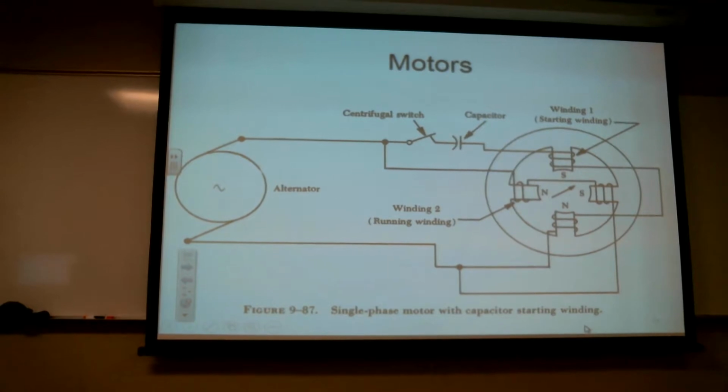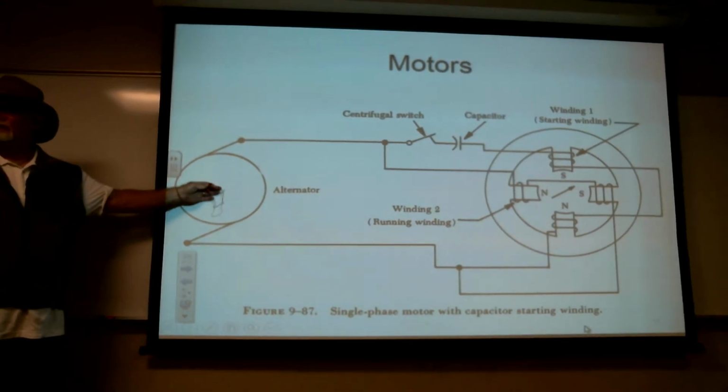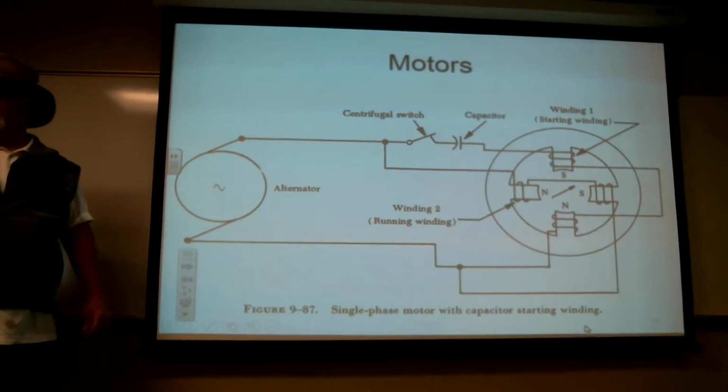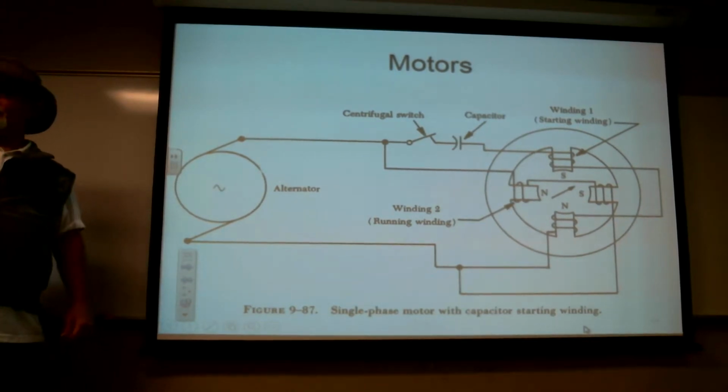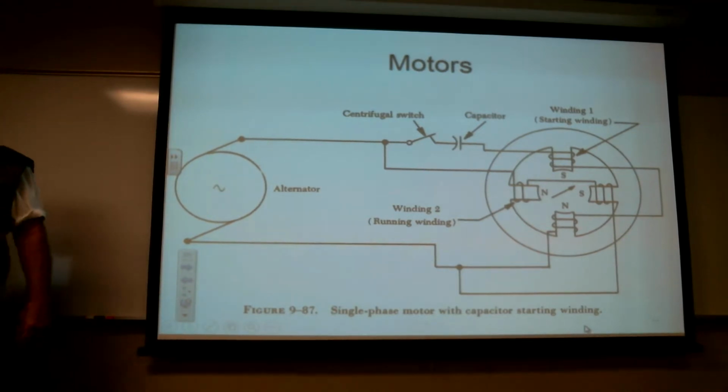Now another way of doing this is we're already going to be inducing magnetic fields in the squirrel cage, right? Why don't I take my field pole and put another little wrap around it, sort of an asymmetrical wrap around either side?